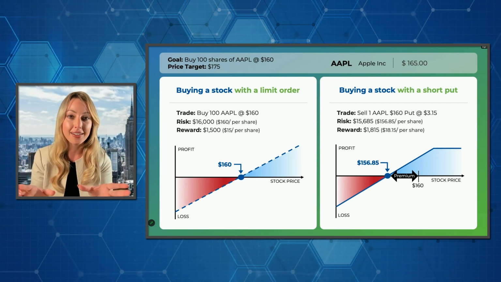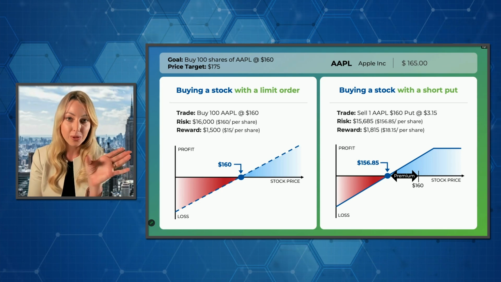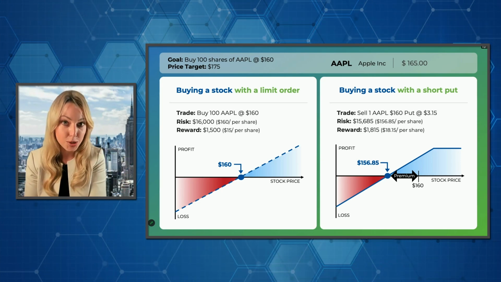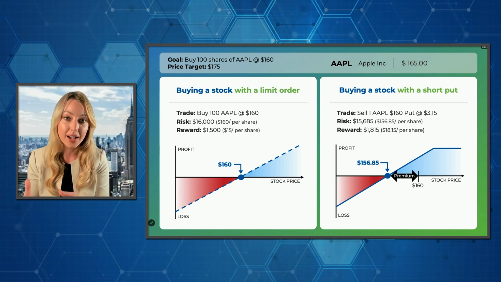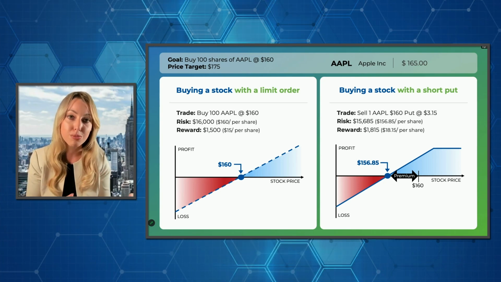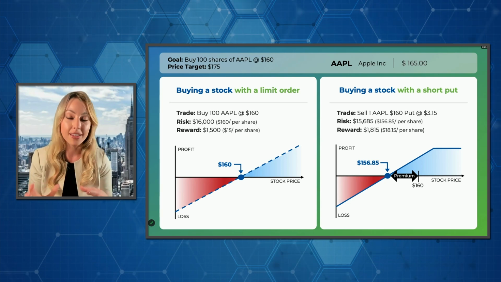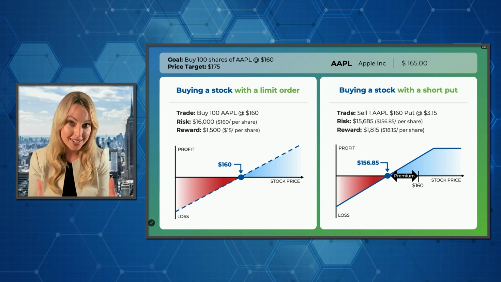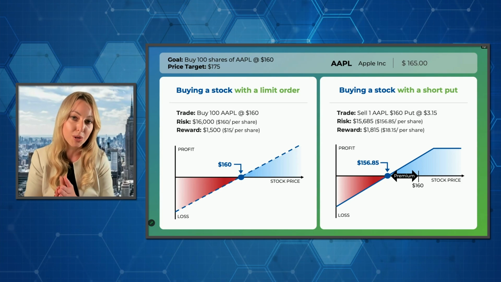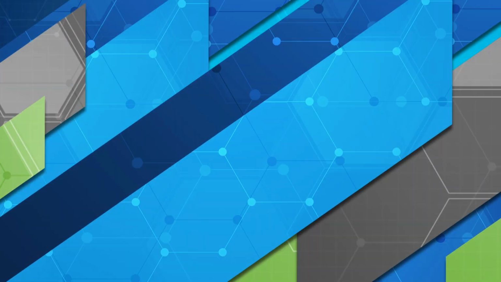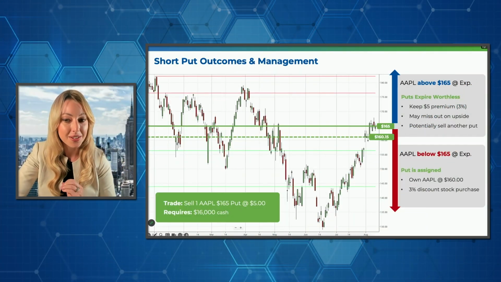So if you think about that in a snapshot of time, where you're selling an at the money option, which means the strike price, the agreed upon price, is the same as the market price, it actually has less risk exposure than buying the stock outright. And I love to use the comparison of a limit order for that reason. Let's talk about outcomes as well. I think that's important.